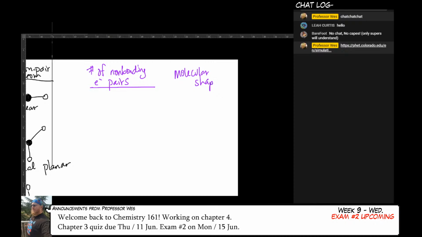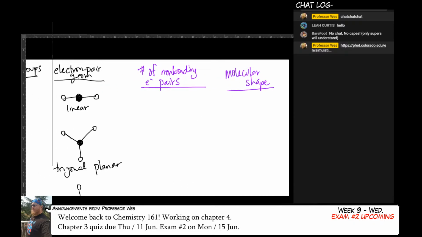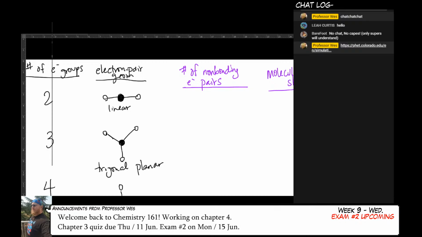And then the resulting molecular shape that arises from that. Now, this is going to be kind of like if I were to take the table and go straight across. I'm going to run out of space here, probably. But I'm going to try and fit it in the best that I can. We're going to start with a number of electron groups and then start replacing the electron groups with electron pairs.